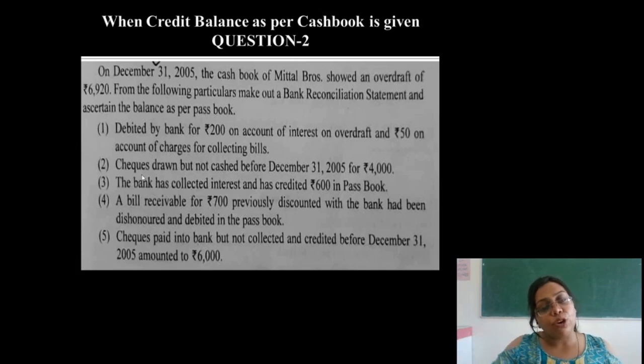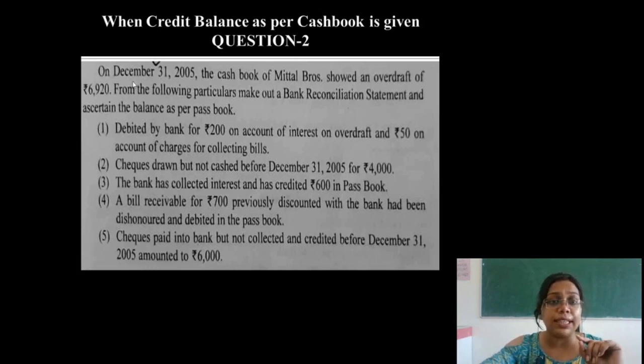What I have done is withdraw a check of rupees 4,000, and I have already deducted this 4,000 rupees from the bank balance of my cash book while signing, or issuing, the check.